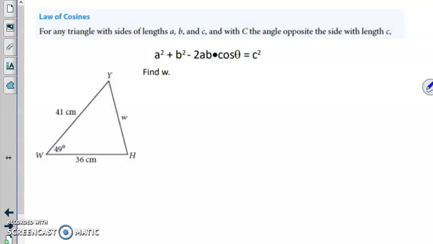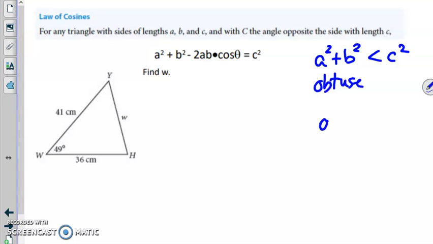So this idea of A squared plus B squared being more than or less than C squared is an idea that mathematicians kind of worked around. If I have A squared plus B squared less than C squared, that's the obtuse triangle.